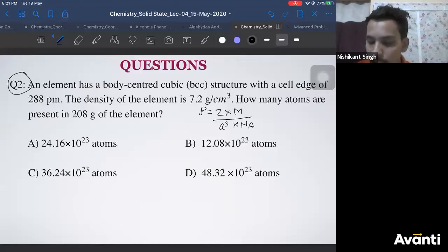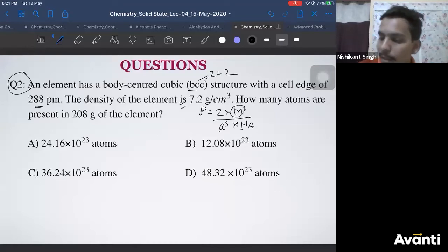M is molar mass. So what all is given to us? We have been given edge length A in picometer, BCC structure, so Z value is 2. Avogadro number I know. Density is also given. In this formula, molar mass is not given, so I'll substitute the values.